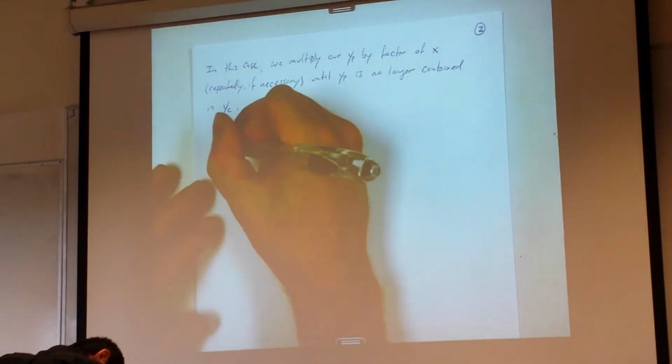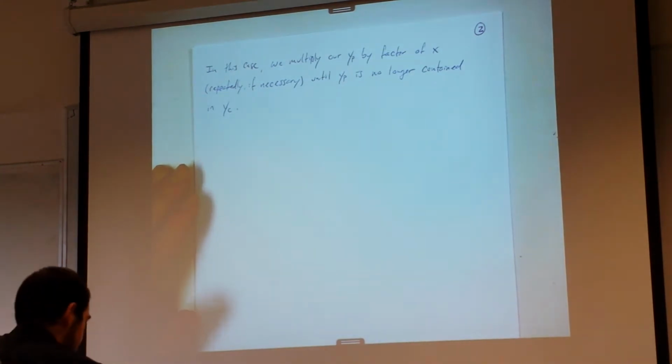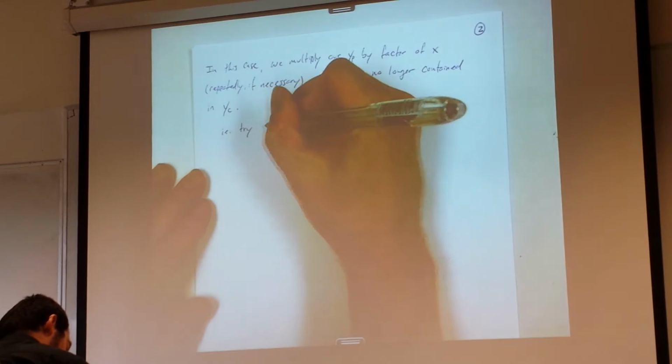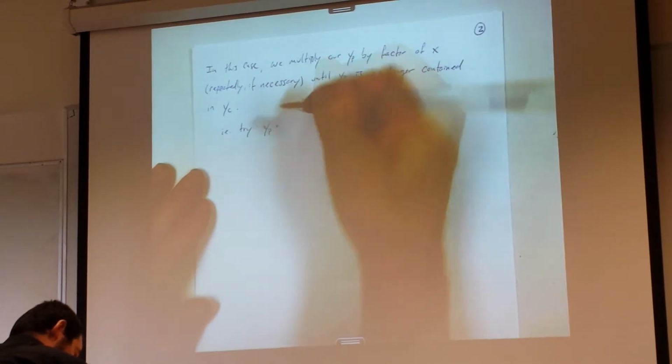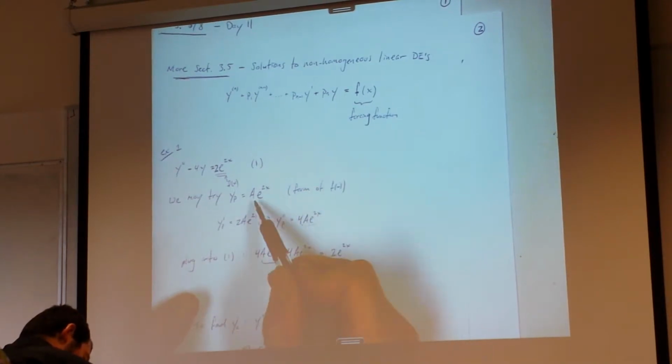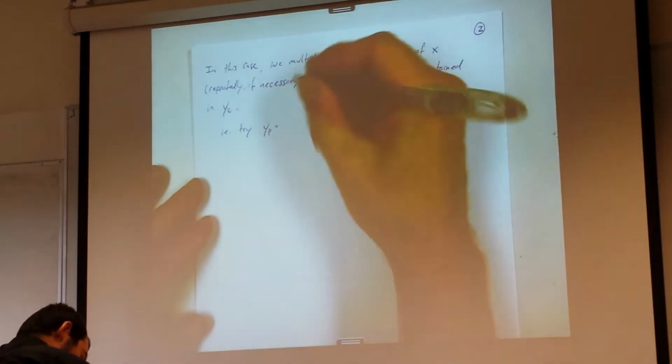So in this example, we're going to try y sub p equals, instead of just a e to the 2x, a x e to the 2x. Tack on a linear factor of x.